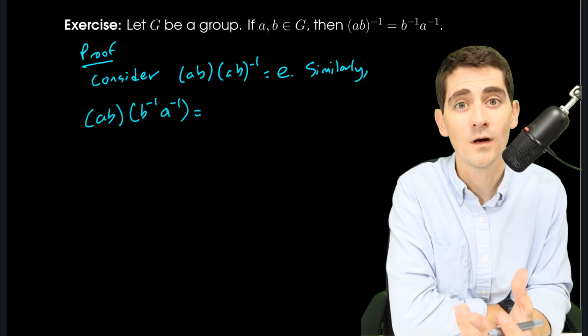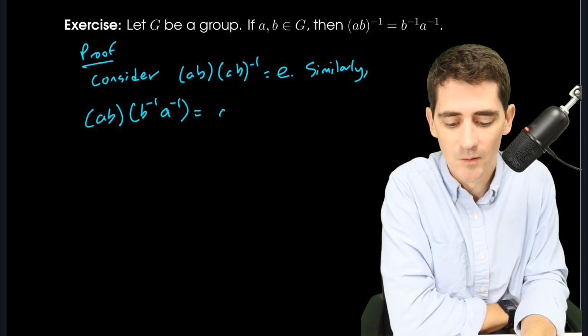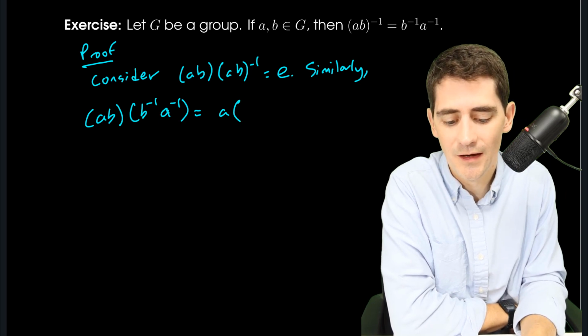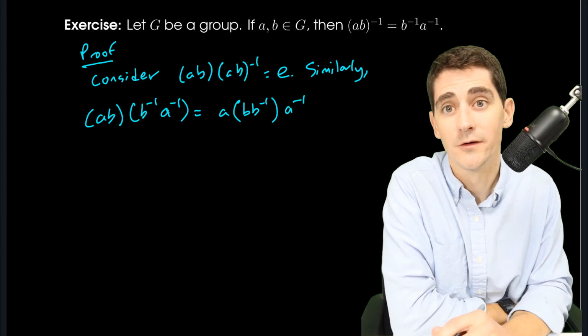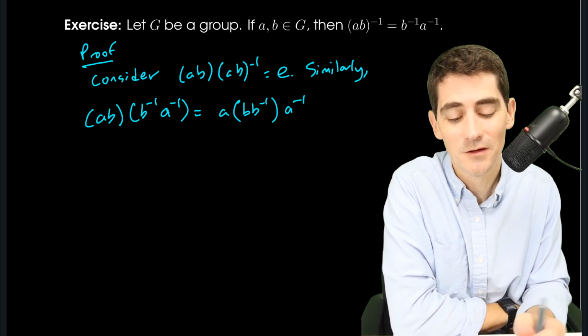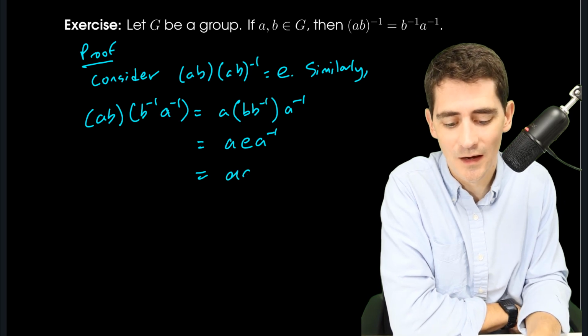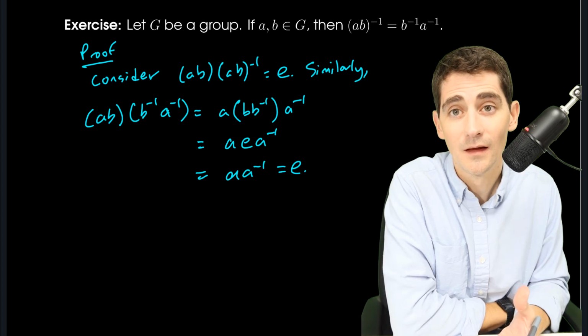And this highlights why the associative property is so important in the group definition. Because I can rewrite AB times B inverse A inverse as A times (B times B inverse) times A inverse. And we know B times B inverse is the identity element. So A E A inverse is just the same as A times A inverse, which we also know, again, is the identity element.